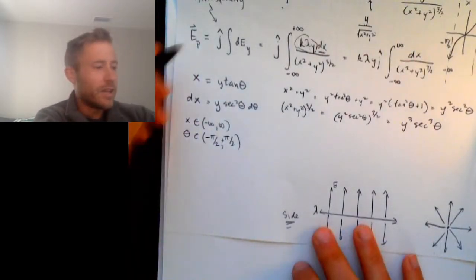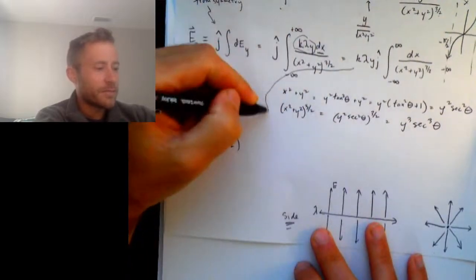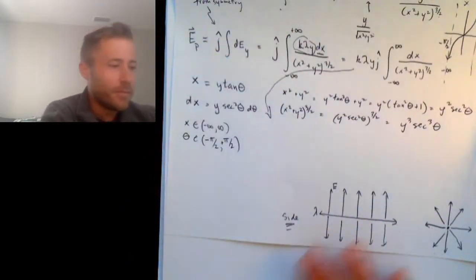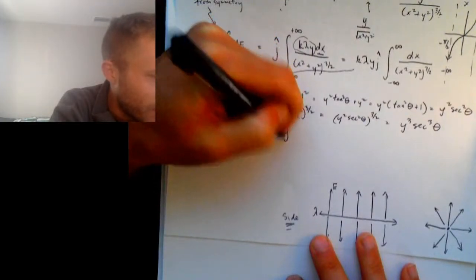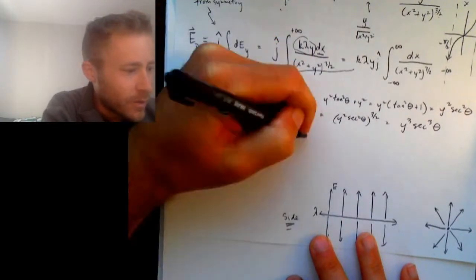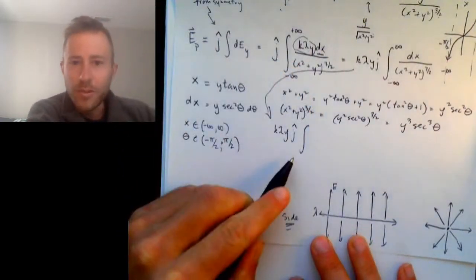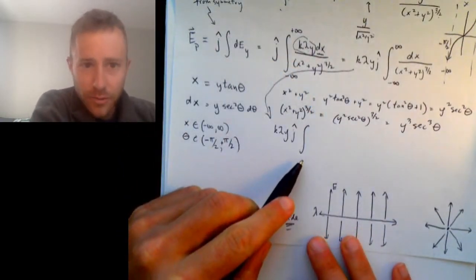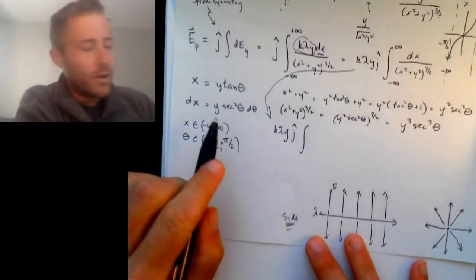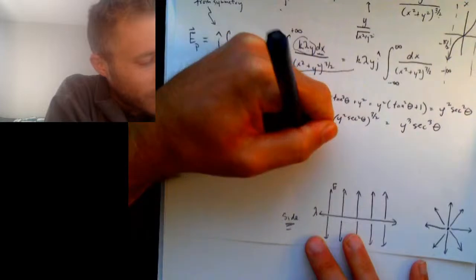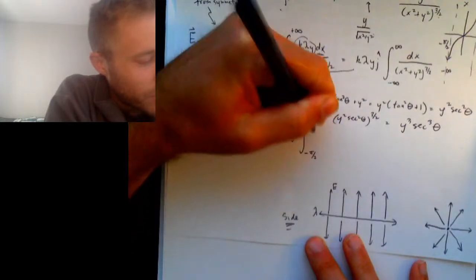So we can take this and do our substitution. k lambda y times j hat times the integral. Now the limits of integration are minus pi over 2 to plus pi over 2.